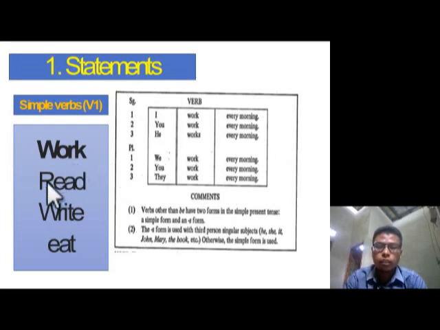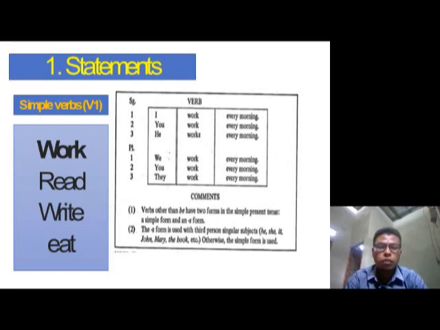Misalnya, she reads a book in the morning. Mary writes a book in the morning. John eats banana every morning. So all of the verbs should be put s when the subject is third singular person, especially in the simple present tense. Khususnya ketika kalimat itu simple present tense.